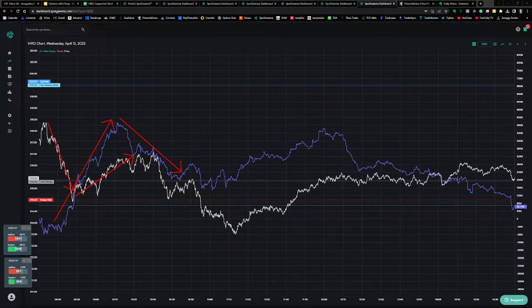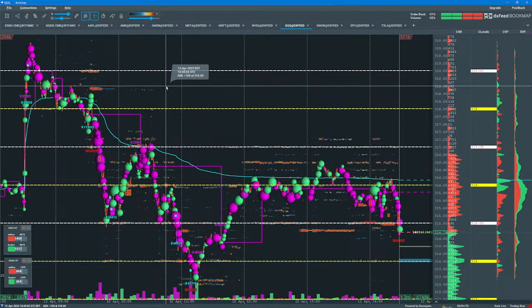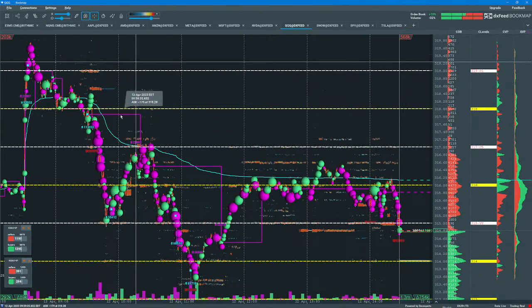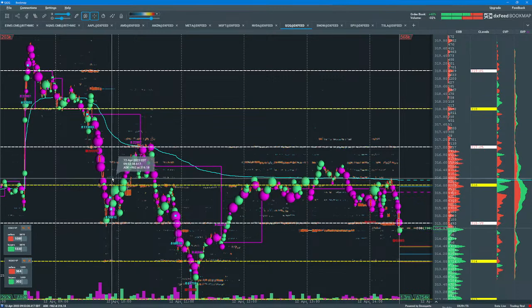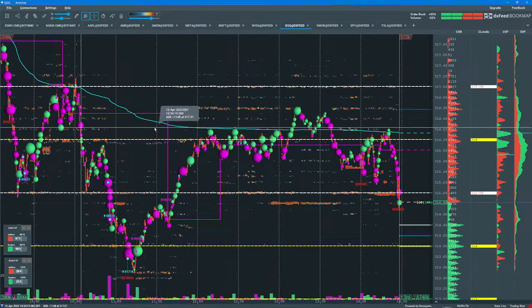All right, let's go take a look at Bookmap. So here's QQQ, the data drop after the data. And then let's go to around the open.